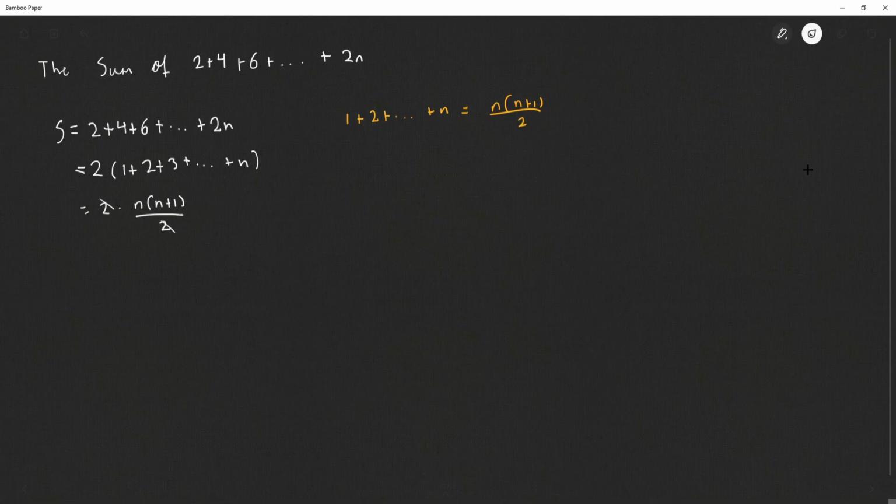And the 2's will cancel out, giving us that s is equal to n times n plus 1. Which gives us our final answer, as the sum of the first n even numbers is n times n plus 1. And that's it, the 3 classic proofs.